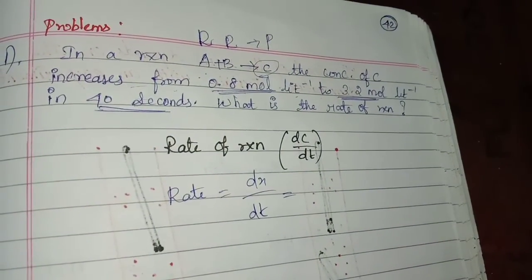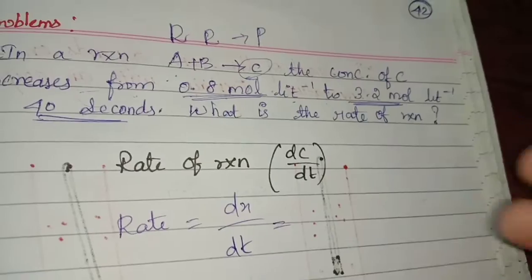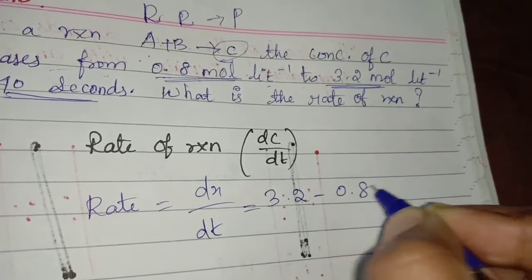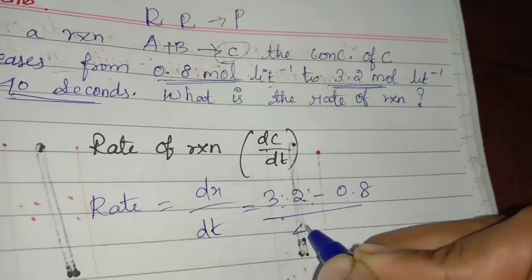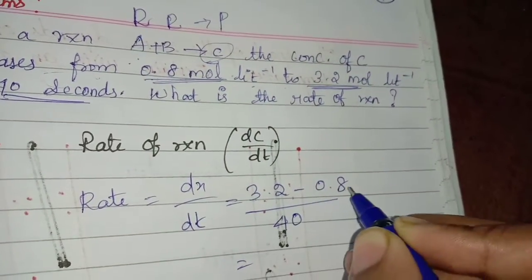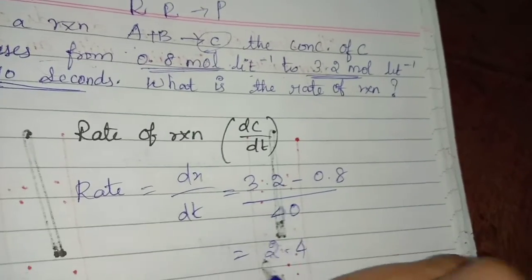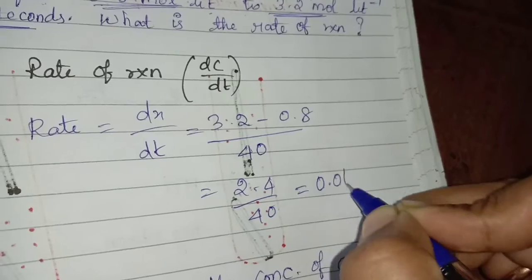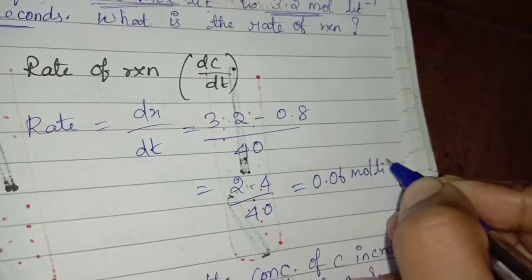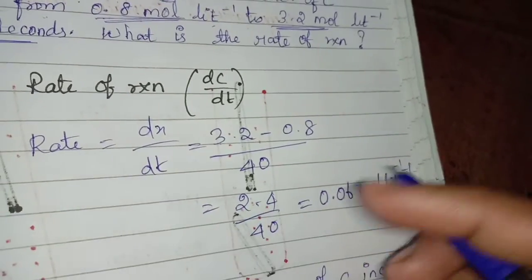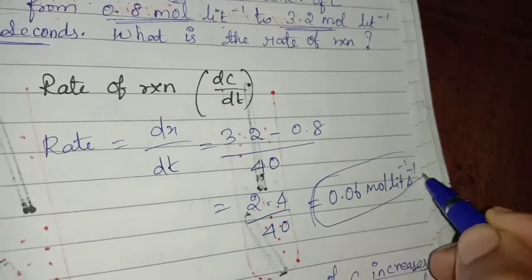So we write the numbers: 3.2 minus 0.8 divided by 40. 3.2 minus 0.8 is 2.4, divided by 40, so the answer is 0.06 mole per liter per second. So this is the rate of the reaction.